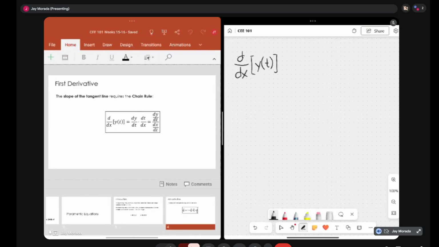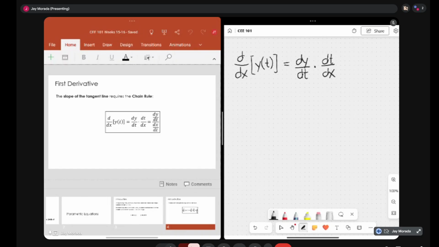Since y is a function of time, we cannot directly differentiate it with respect to x. First, we must differentiate y with respect to its own independent variable. Then, we differentiate that independent variable with respect to x.